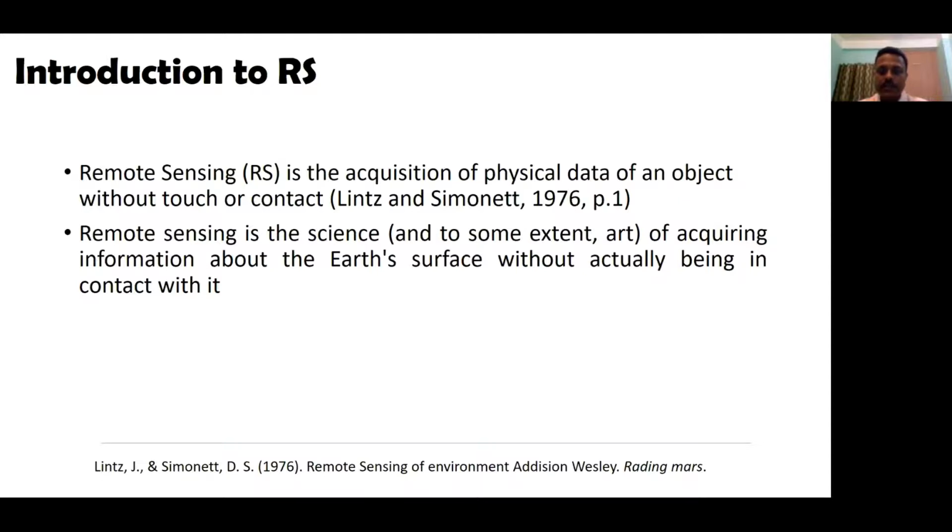For example, if I want to taste something, I must put that on my tongue. So the moment I put this object on my tongue, I am in contact with it, so my tongue at that point of time is no more a remote sensor. But if I open my eyes, I see something and I interpret that object. Immediately I am engaged in the process of remote sensing.